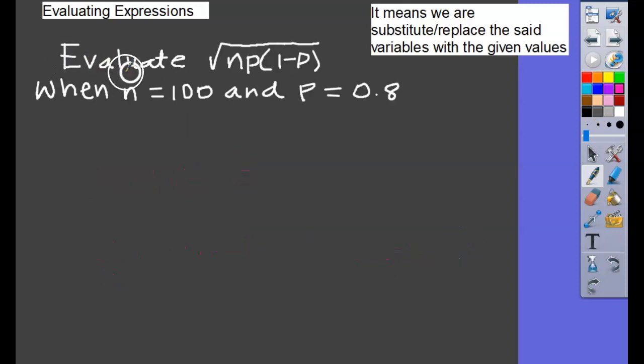We have been asked to evaluate the square root of np times (1 minus p), where n is 100 and p is 0.8. So here, bring our square root. 100 times 0.8 times (1 minus 0.8).